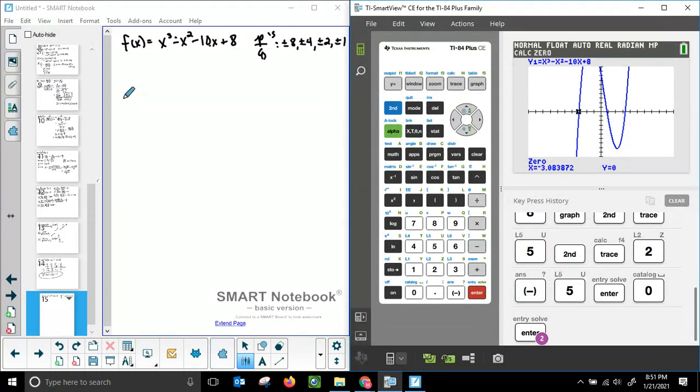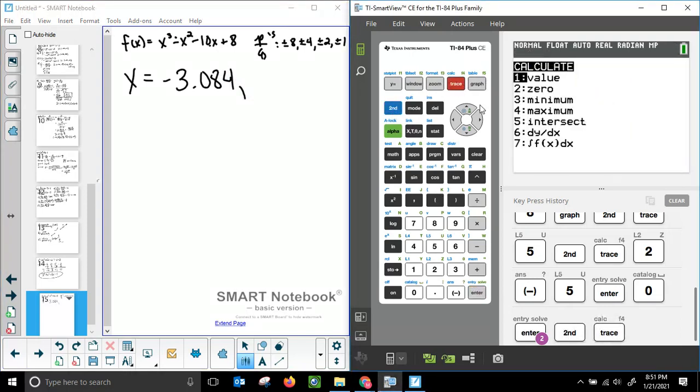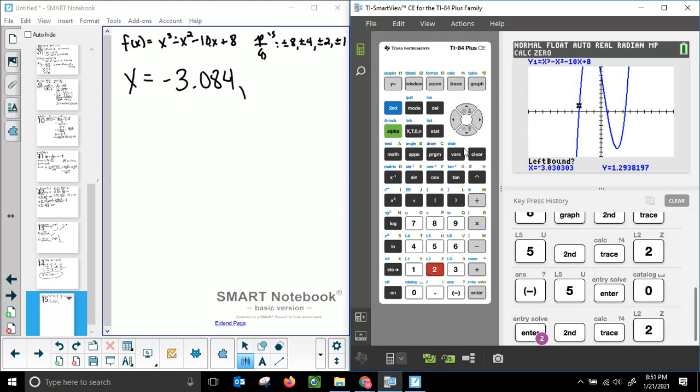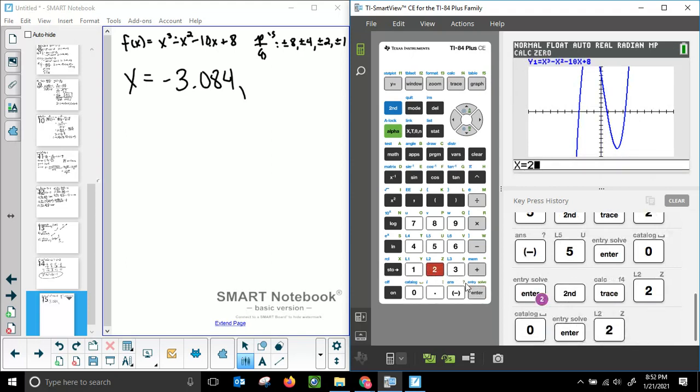So we can say x is equal to negative 3.084. And then we do this again, and we say 0, 2, enter, 0.787.